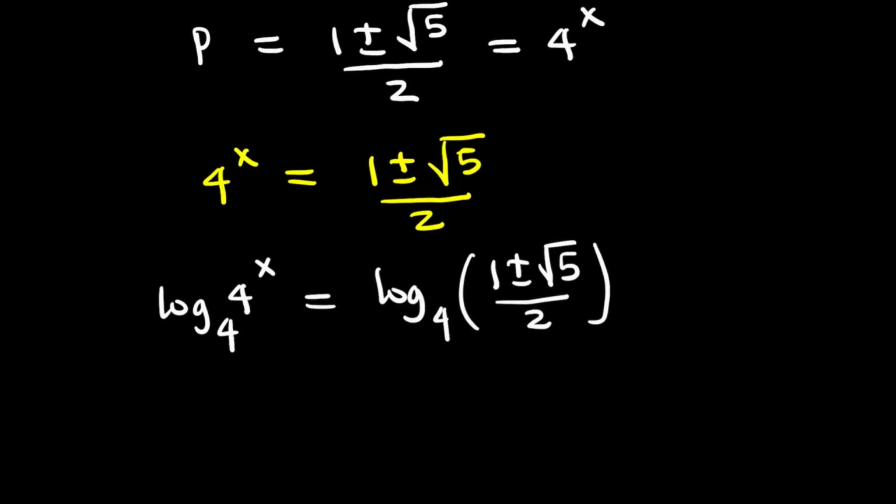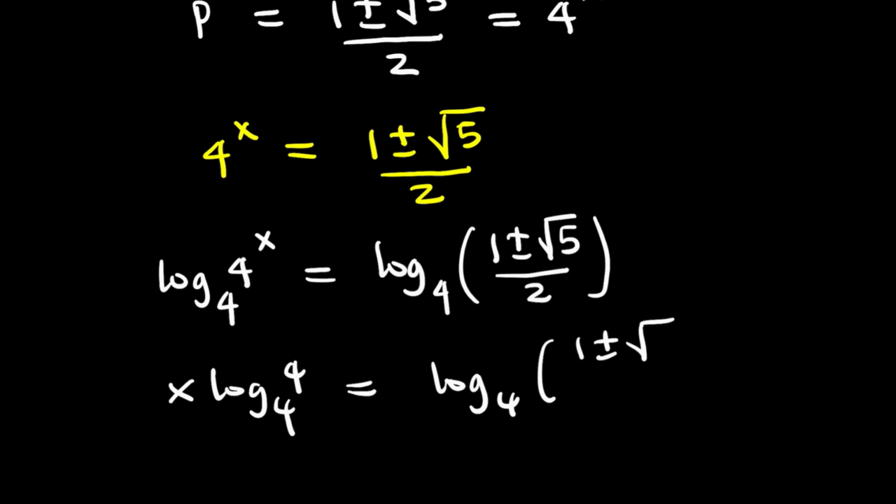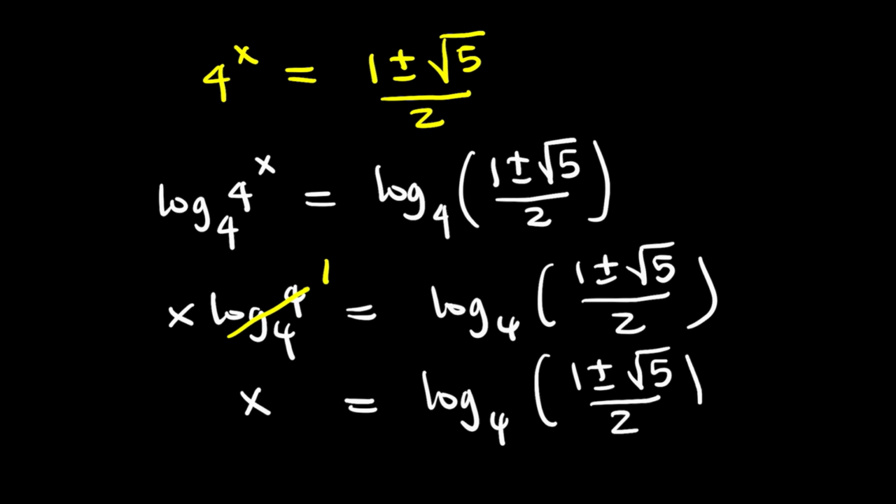So this gives us x log 4 base 4 is equal to log to base 4 of 1 plus or minus the square root of 5 over 2. All of this becomes 1, and our x is simply log to base 4 of 1 plus or minus the square root of 5 over 2.